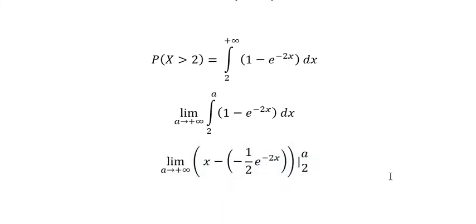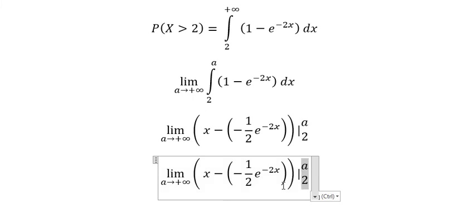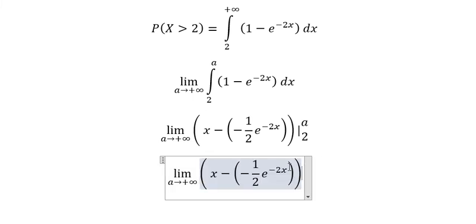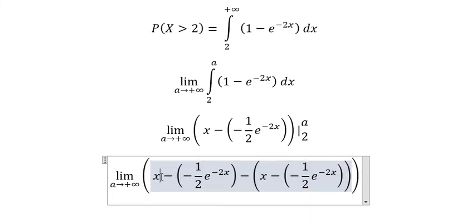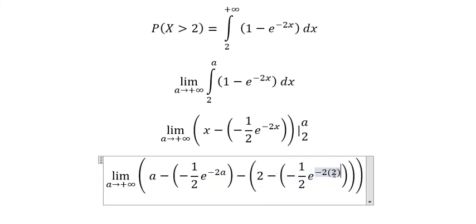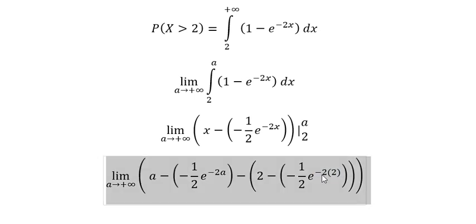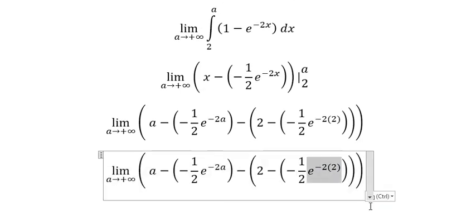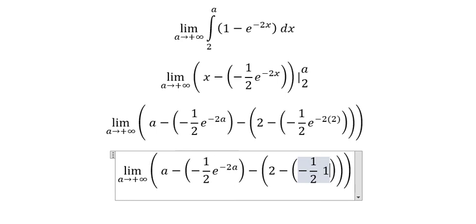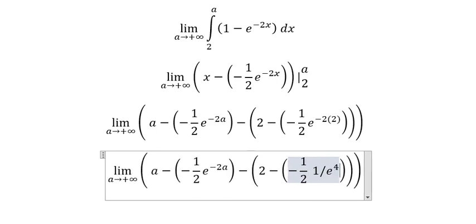Now, I will put b and number 2 in here. So this one we have 1 over e to the power of number 4.